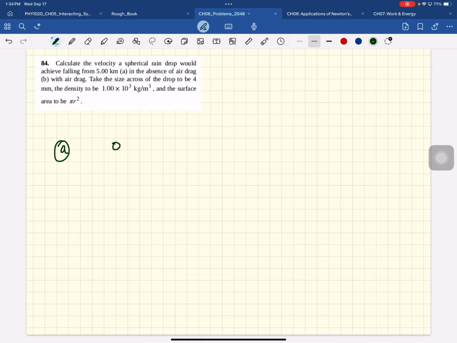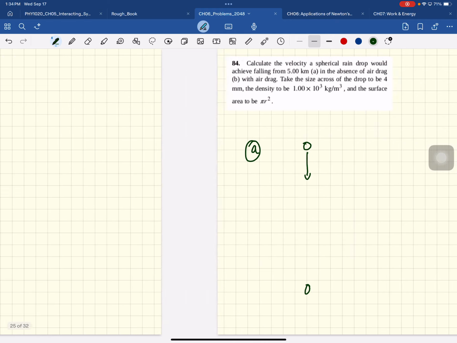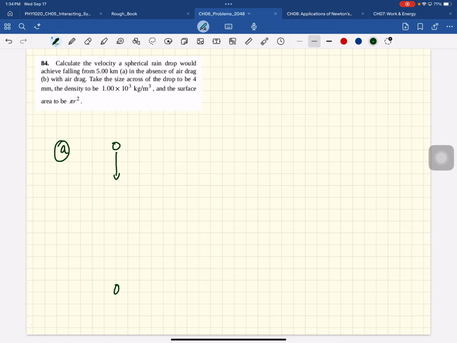So if there was no air drag... I don't think we can see what you're writing. We can see the page, just not what you're writing. Can you see it now? Yeah. It's writing stuff you wrote earlier. I think it's replaying something.